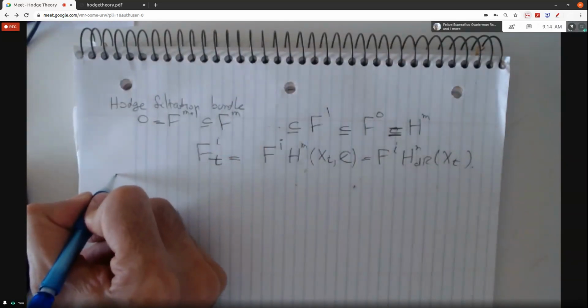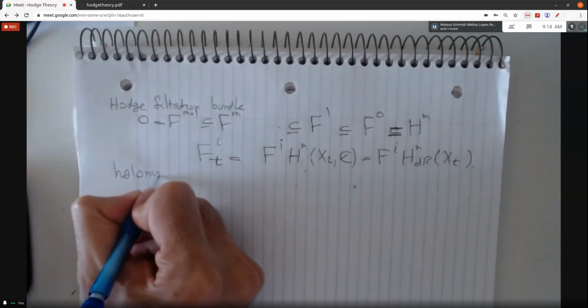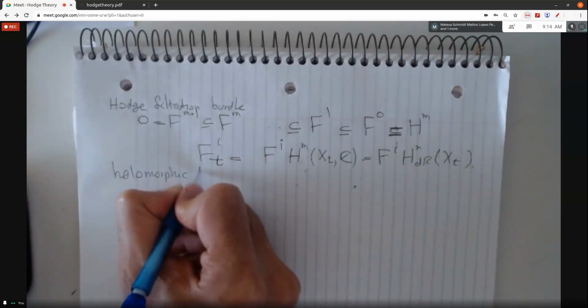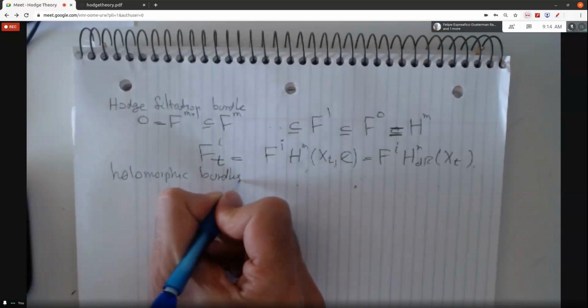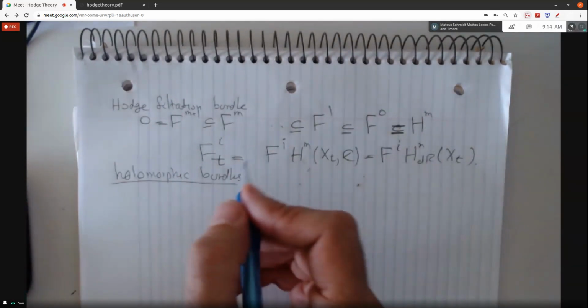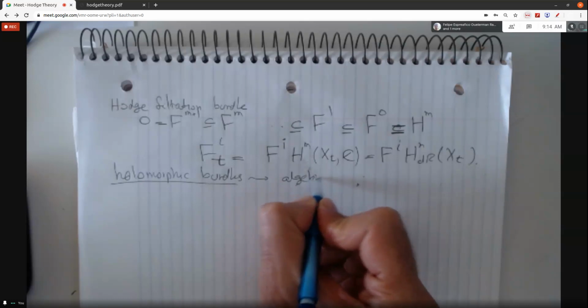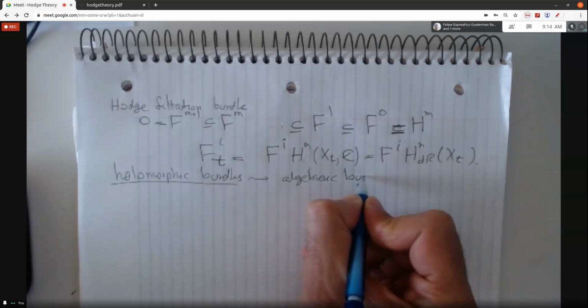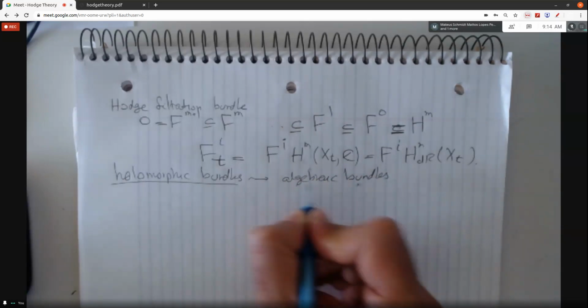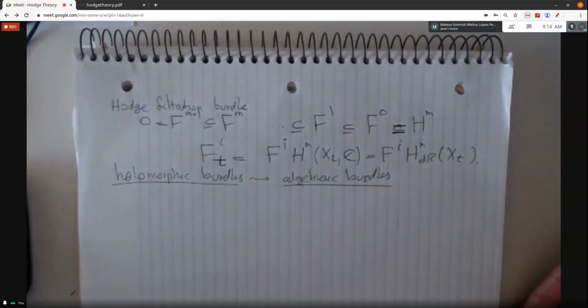One can see that these are holomorphic bundles. And if one uses the algebraic de Rham cohomology version of the Hodge filtration, then actually they're algebraic bundles. But in examples, you will see that these things are automatic. Even you don't need to prove the things.